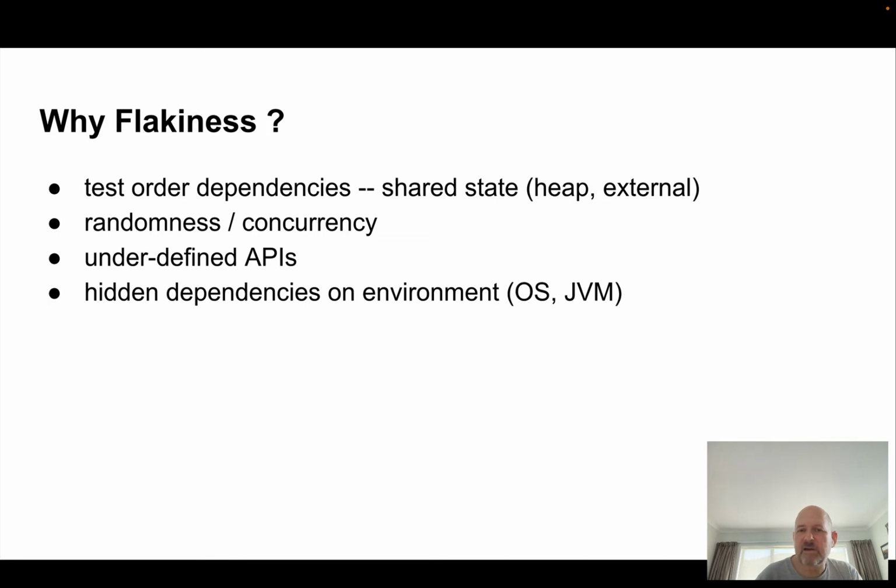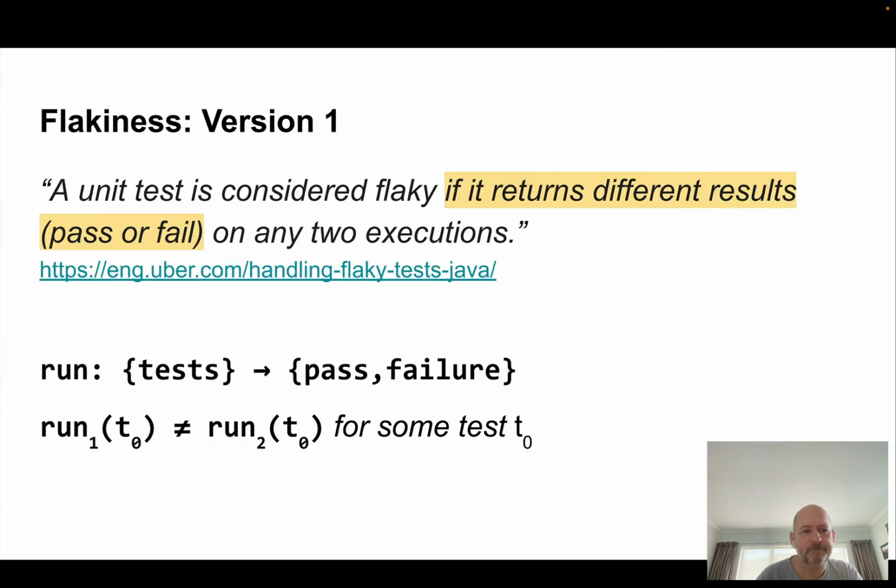Under-defined APIs, like unpredictable iteration orders over containers that don't maintain the insertion order, like hash sets. Or hidden dependencies on the environment where the system is executed, such as operating system, or, since we're mainly talking about Java here, Java virtual machine version and vendor dependencies.